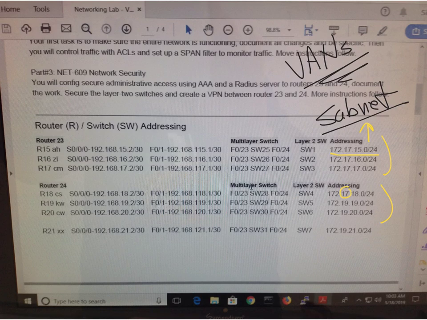Okay. Yeah, we had the router, and we had a multi-layered switch, and then a layer 2 switch. And the students configured all this. Let me double check something here. Alright. Yep.